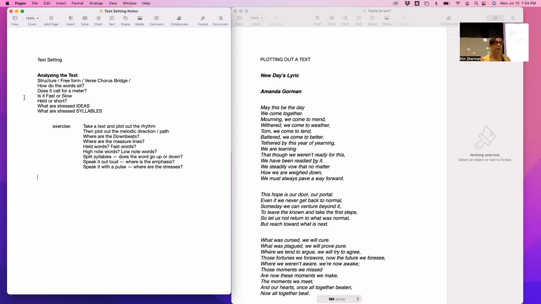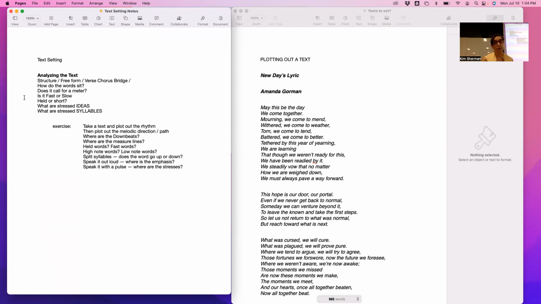And then last but absolutely not least, what syllables are accented. There's nothing worse than accenting the wrong syllable, because then we don't understand what is being said.